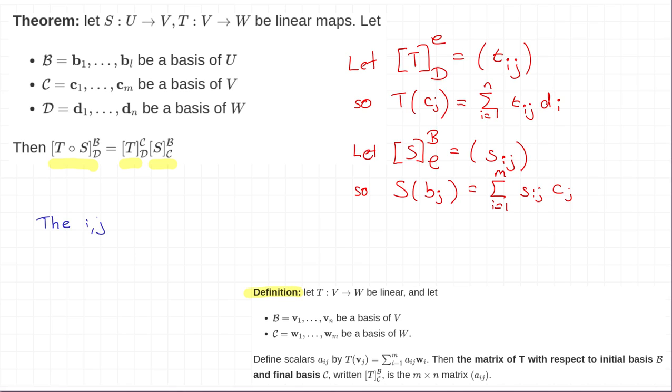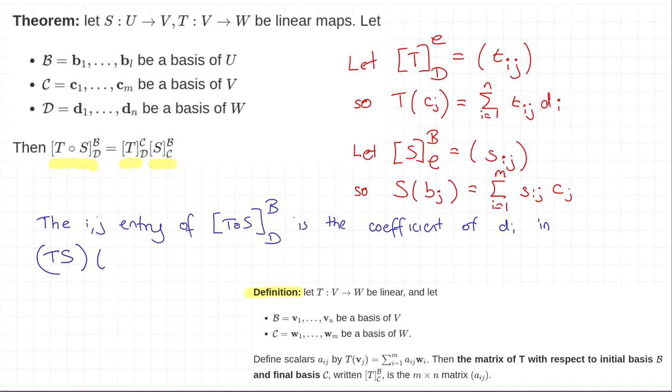The ij entry of T composed with S with respect to initial basis B and final basis D is the coefficient of d_i in T composed with S applied to B_j.